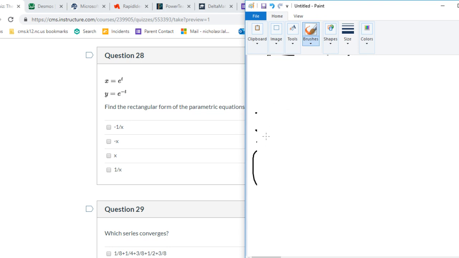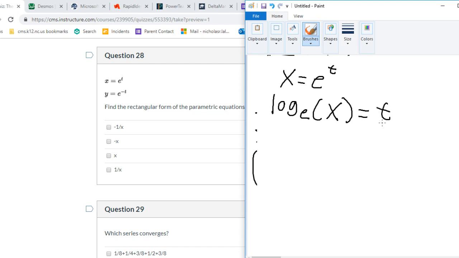So we first isolate t. X is equal to e to the t. Using our logarithmic conversion, we can say that log base e of x is equal to t.